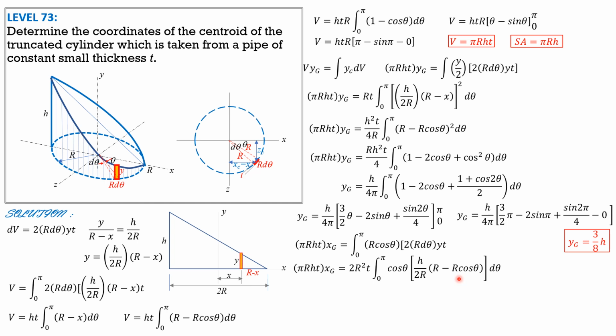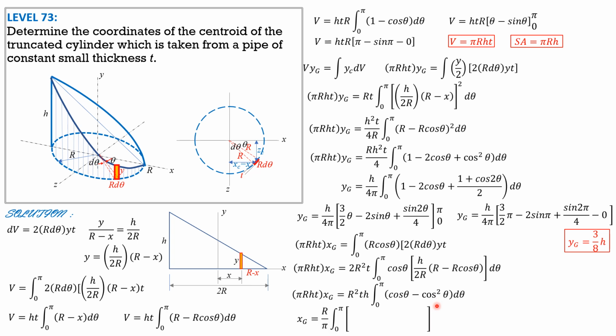Factor out r, so we can cancel r and 2. So πr h_t x_G equals r squared t, times the integral of cosine θ times cosine θ, so cosine squared θ dθ. And again, we replace this by (1 plus cosine 2θ) over 2.